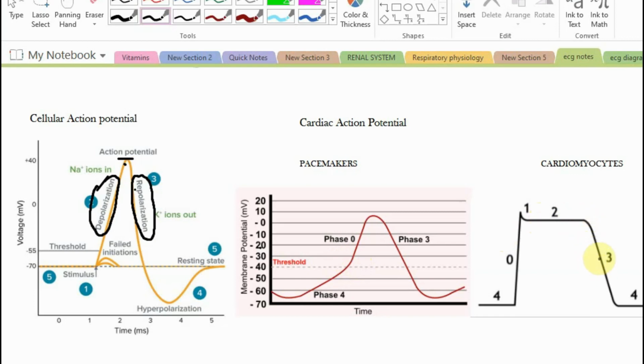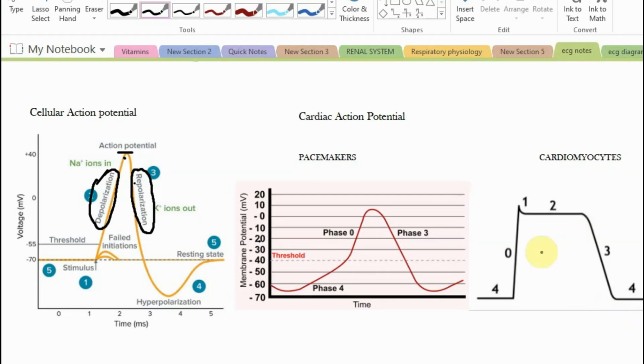And this phase 3, like in the pacemaker cell, is the repolarization phase, and this continues till the potassium channel reaches an equilibrium between the movement of sodium and calcium in and out of the cell. And after this, the cycle is followed up.